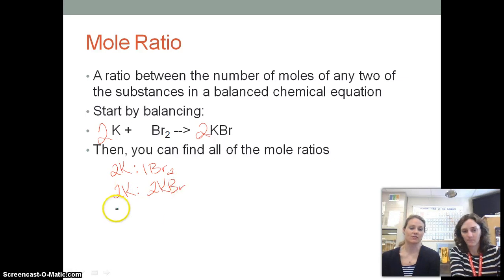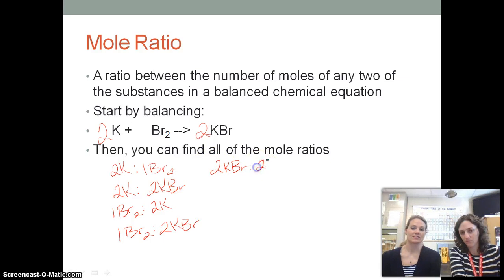So now Br2 goes first, so it's 1 Br2 to 2 K, 1 Br2 to 2 KBr. Then your potassium bromide gets to go first, so 2 KBr to 2 K and 2 KBr to 1 bromine. That's mole ratios. It's how you compare everything to each other.